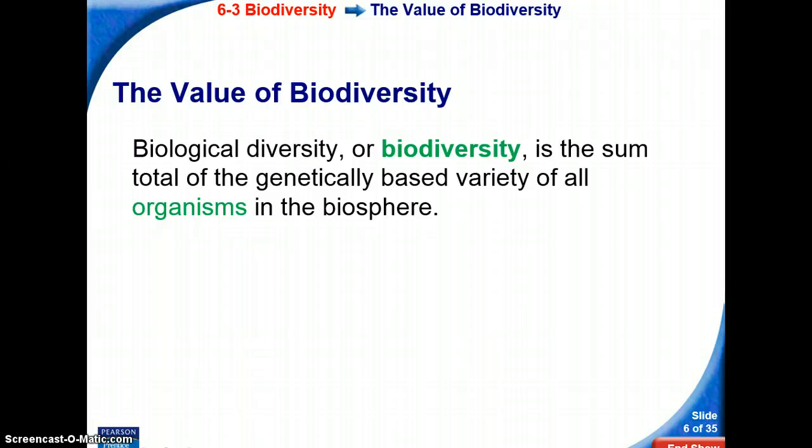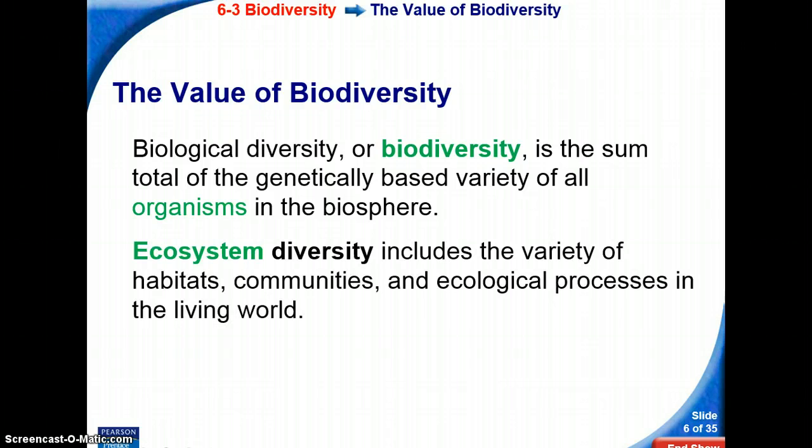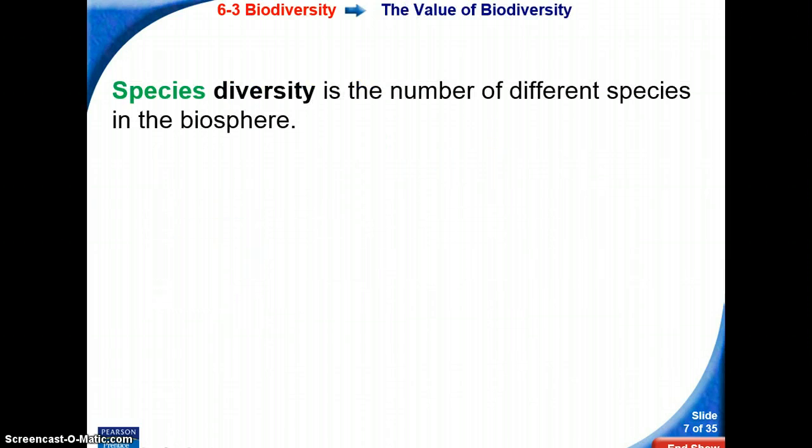Well, first of all, biological diversity or biodiversity is the sum total of the genetically based variety of all organisms in the biosphere. Specifically, ecosystem diversity includes the variety of habitats, communities, and ecological processes in the living world. Then we have species diversity, and this is the number of different species in the biosphere.